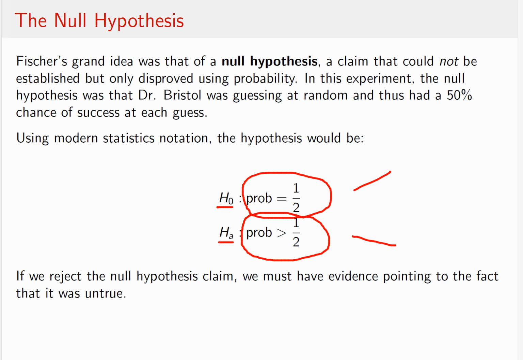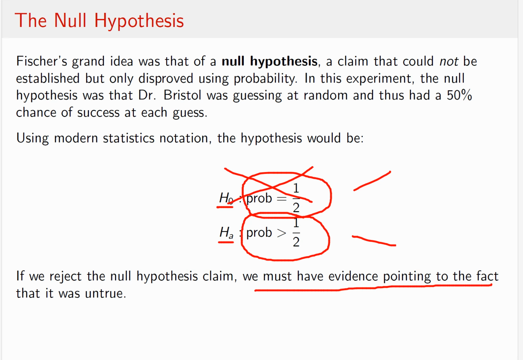That's the implications. Okay, but if we're going to reject this null hypothesis, we're going to have some evidence pointing to the fact that it's not true, or that the data aren't consistent with the null hypothesis. So there's this matching or mismatching between the null hypothesis and the actual results, right?